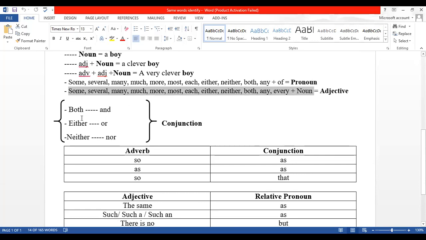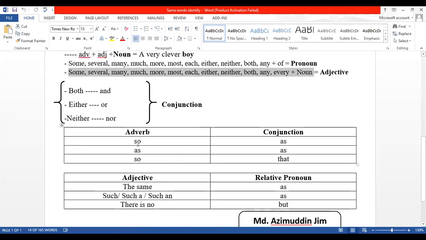And another thing, if you get both... and, neither... nor, then they are conjunctions. Then if you get so... as, as... as, so... that, then the first so and as are adverbs, and the second as and that are conjunctions.